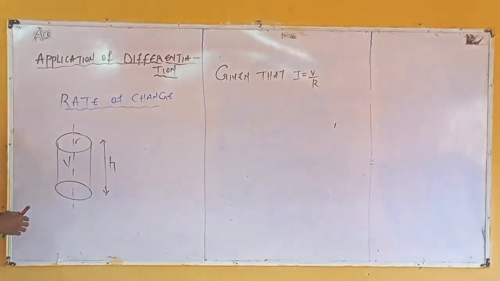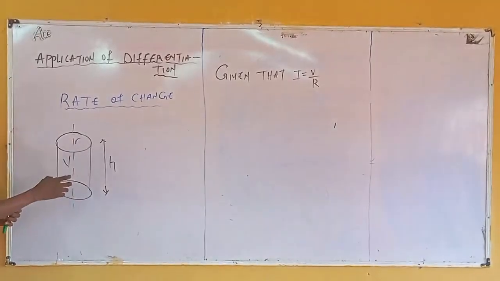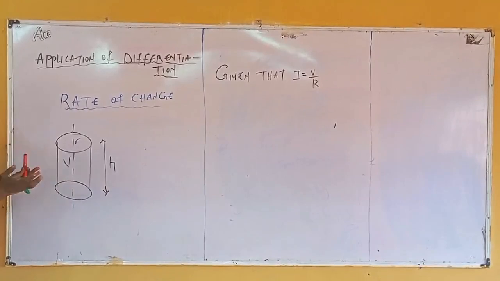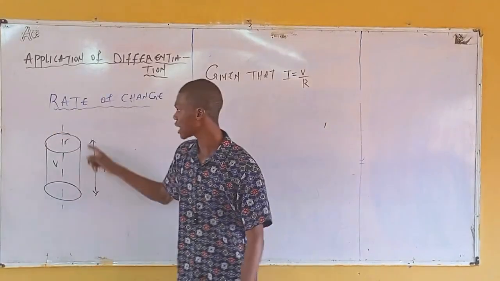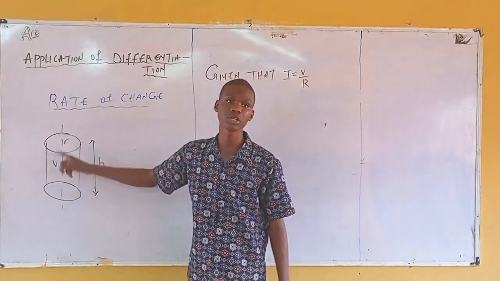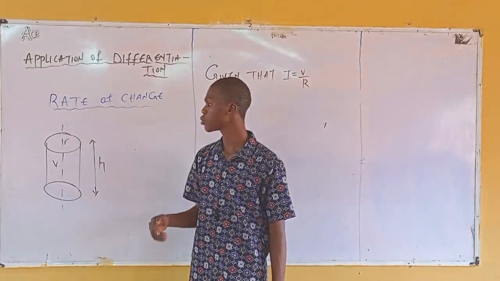The maximum fluid in this cylinder, depending on the volume, will determine what fluid this cylinder will contain. So this should be represented as V, where this is the height and this is the radius.